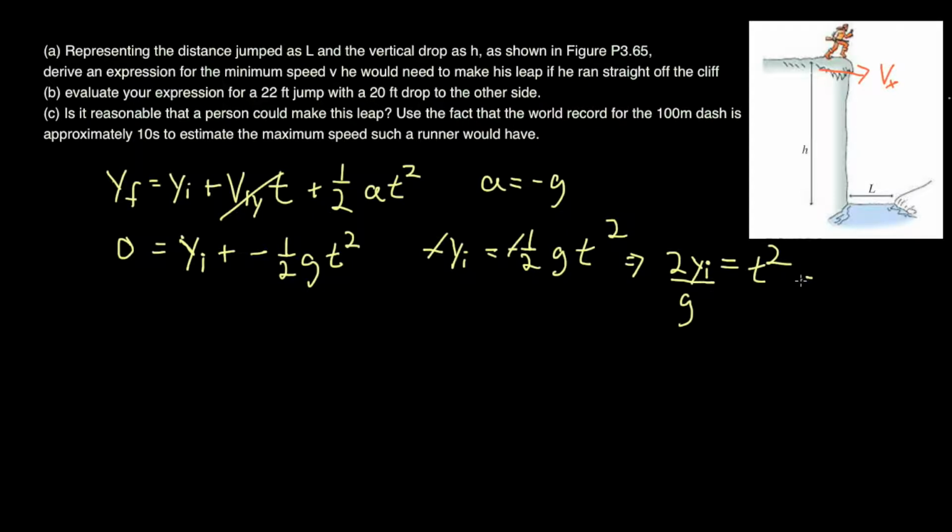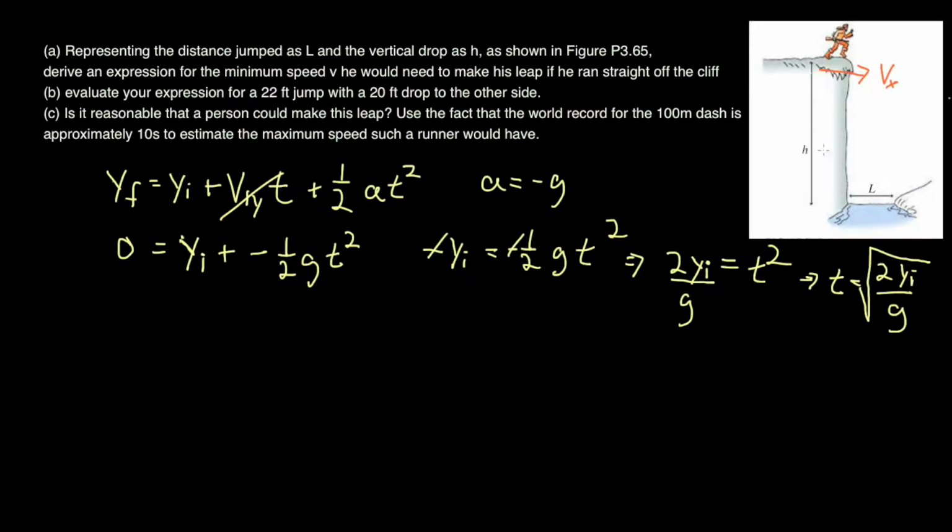And so this means that t is going to be equal to the square root of 2y_i over g. But we're asked to represent the distance jumped as L and the vertical drop as h, as shown in figure 3.65.